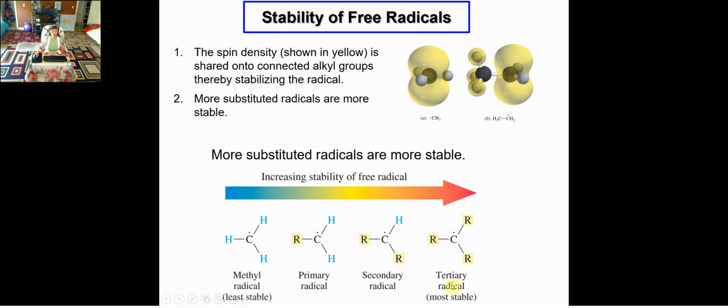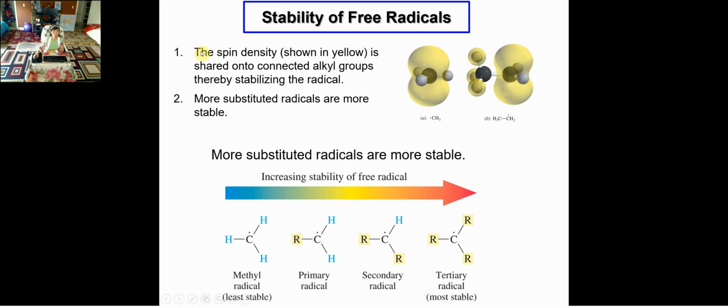Therefore, a tertiary radical is more stable than a secondary radical. The methyl radical is the least stable, followed by the primary radical, then the secondary radical, and the tertiary radical is the most stable. When we discuss stability, it is relative among radicals, not compared with compounds.